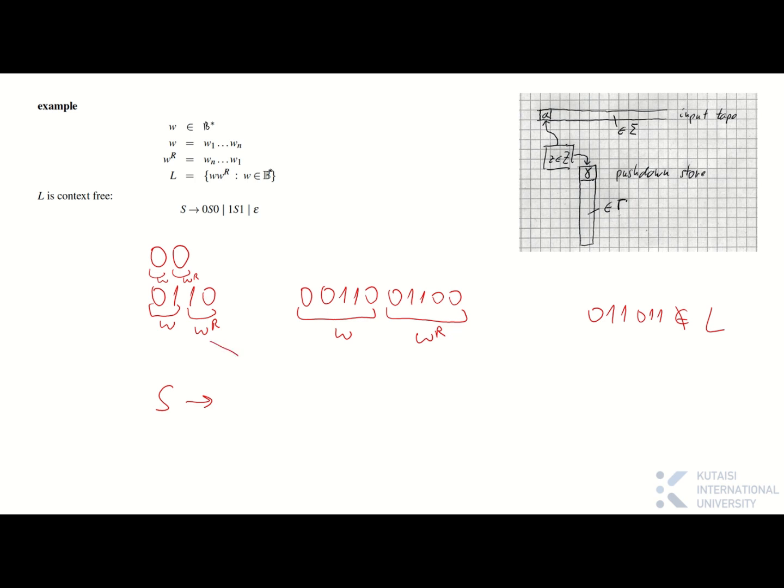So for example, this guy, you will start with S, then 0S0. Then in the middle, generate 01S10. And then use the epsilon and get 0110. You can clearly see, it needs a proof, but you can clearly see that this grammar really generates this language. And this grammar is clearly context-free. It satisfies all the rules of a context-free grammar.